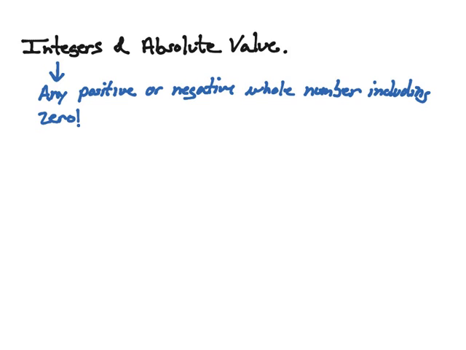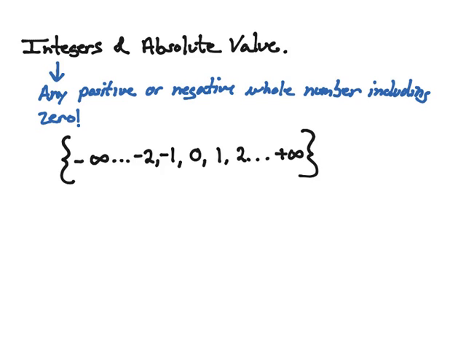So in this set of numbers that we have, we have numbers that will include all the negative numbers to infinity, 0, and all the positive values all the way to positive infinity. So remember that in this particular collection of numbers, we have all the negative and positive whole numbers, including 0.